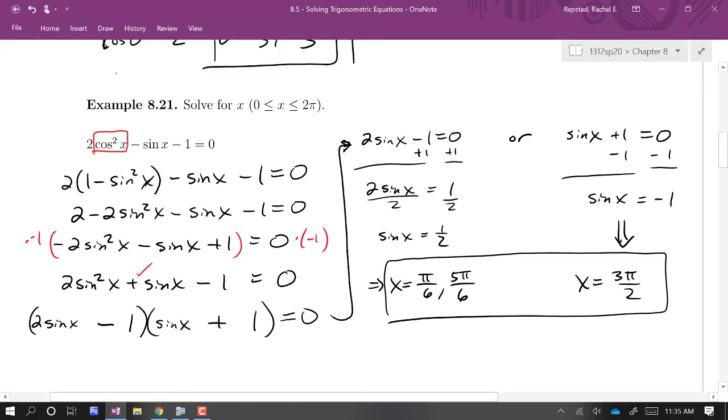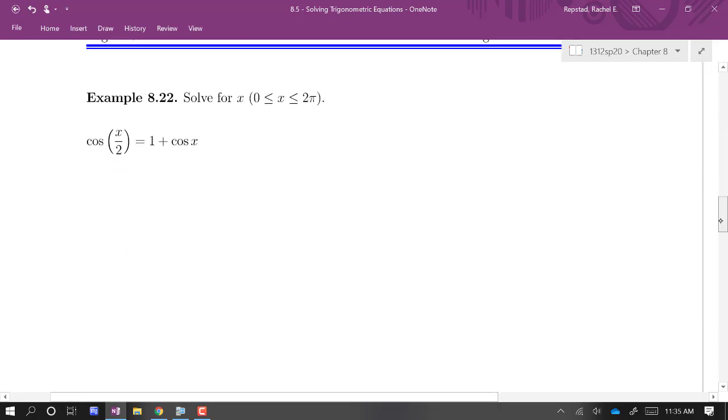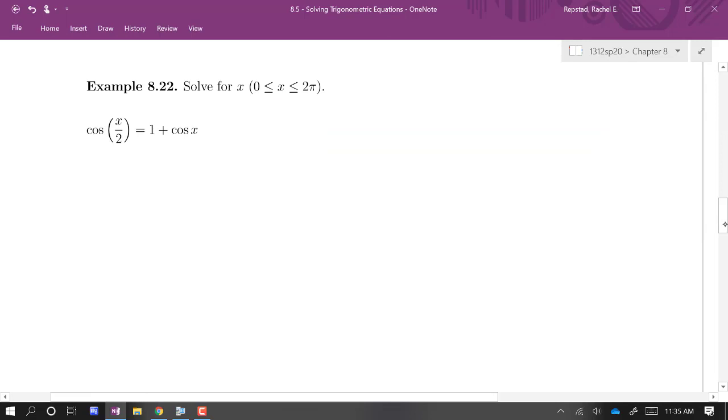Okay, so one way in which these equations can be challenging is if it involves more than one trig function, and then we just want to use an identity to try to see if we can get it to involve just one trig function, an identity and maybe some algebra. In the next example here, we do just have a single trig function, and that's great.